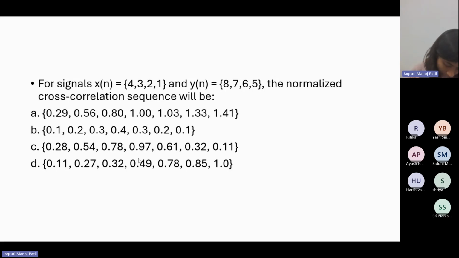Just tell me these two things, at l equals 0. Where this was n minus l, so l equals 0, hence n.